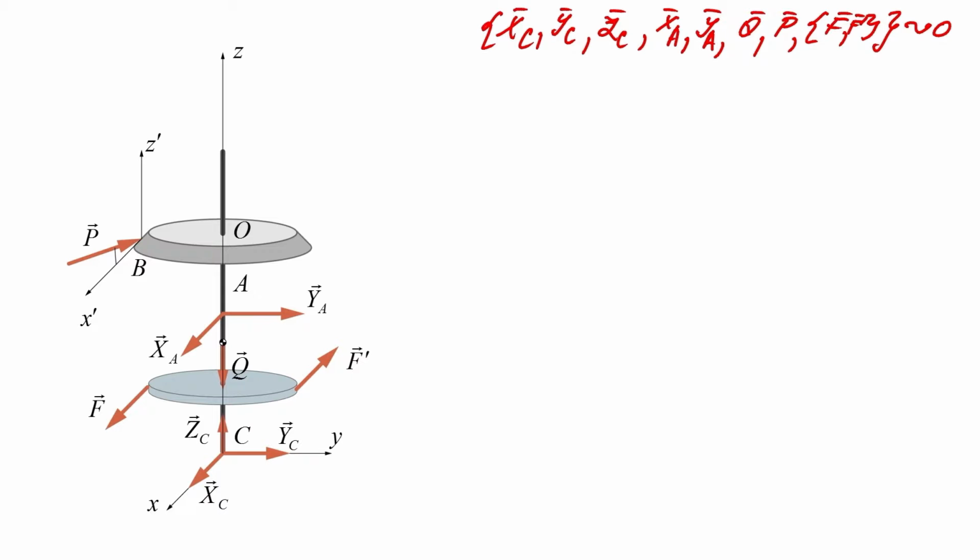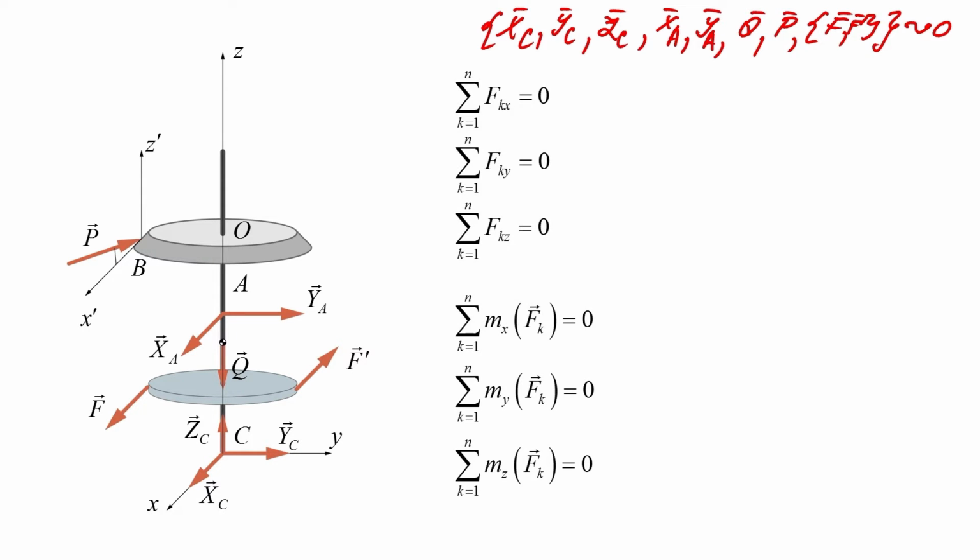Under the given system of forces, the body is in equilibrium, so we can write down 6 equilibrium equations. The sum of projections of all the forces on the axis x must be equal to 0. The sum of projections of all the forces acting on a given body on the axis y must be equal to 0. The sum of projections of all the forces acting on the body on the axis z must be equal to 0, and 3 equations for the moment.